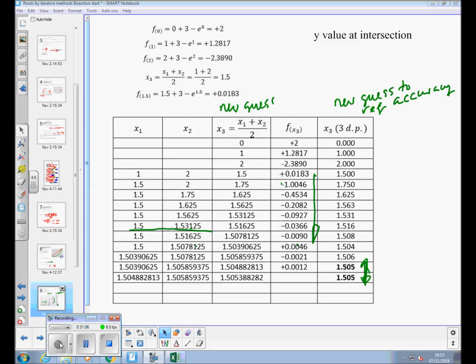Okay? So that's finding the roots of a quadratic. Okay? Now, check that with the quadratic formula. So checking the result that we got through the bisection method using the quadratic formula, to the same number of significant figures, we get the same result.